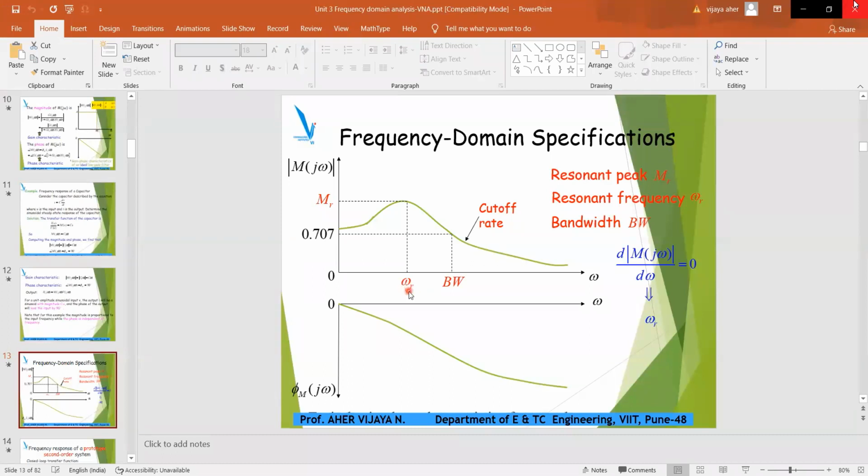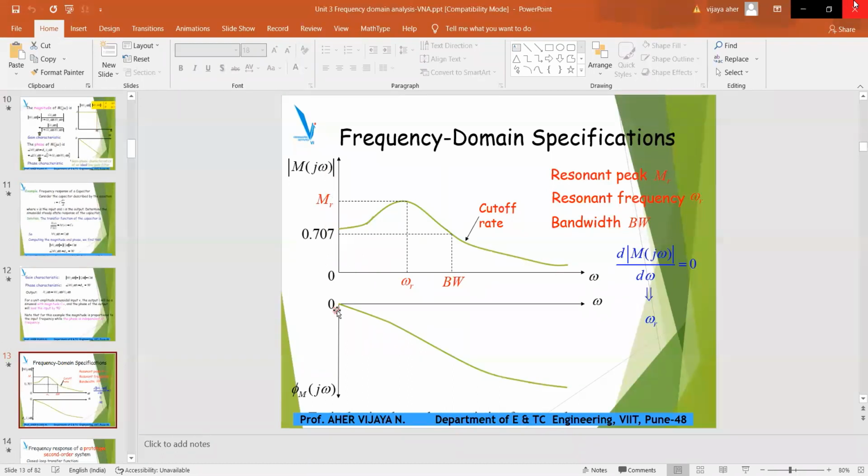This ωr is your resonant frequency. And from this point, 0, to this point, this much is your bandwidth. BW is bandwidth. On the x-axis, we have taken frequency. On the y-axis, we have taken magnitude.